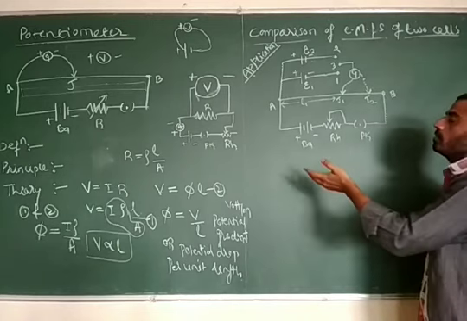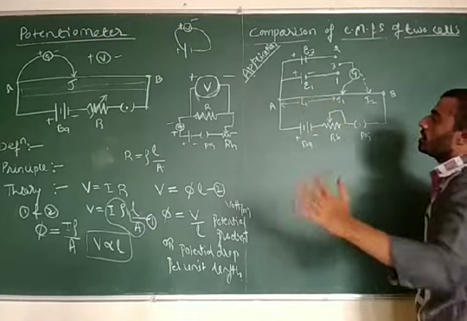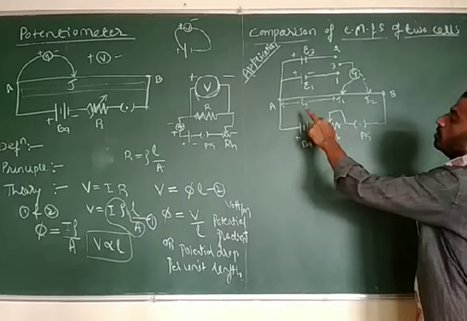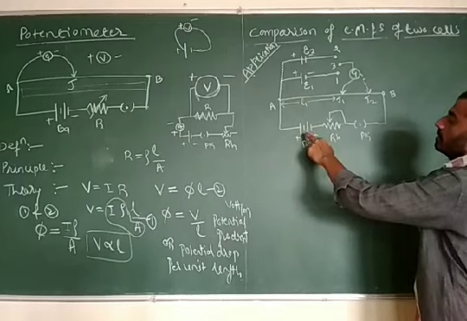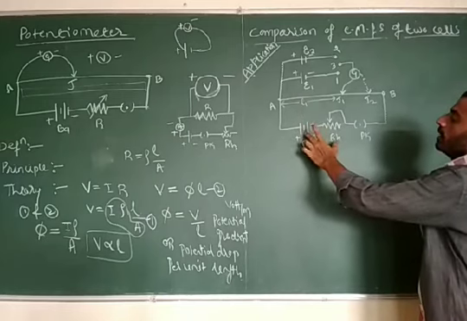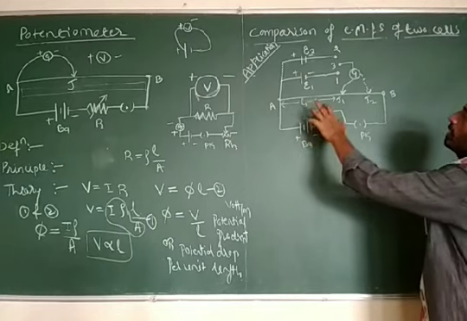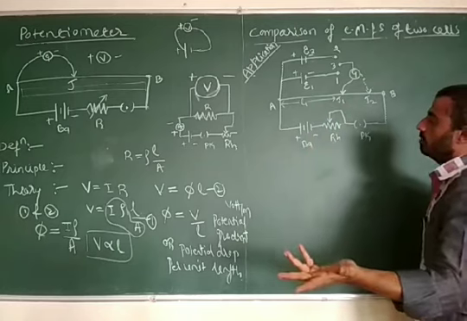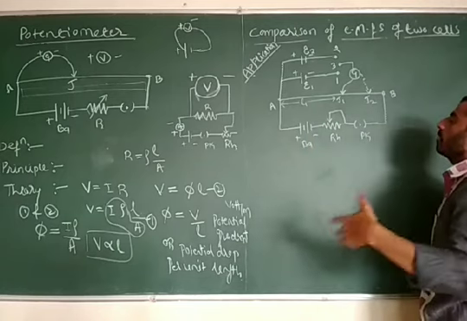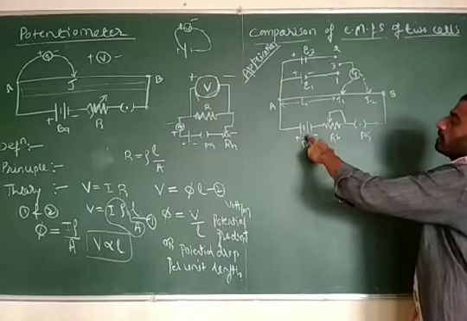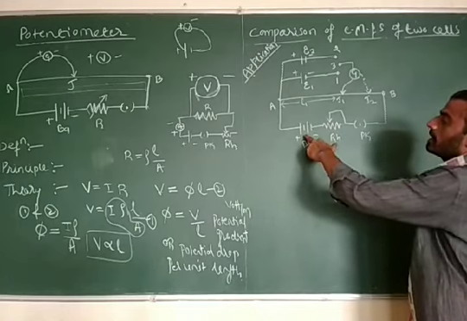And we already know that the potentiometer does not draw any current from this cell. Just to make the instrument operate, this cell is used. That's why it is called a driving cell.